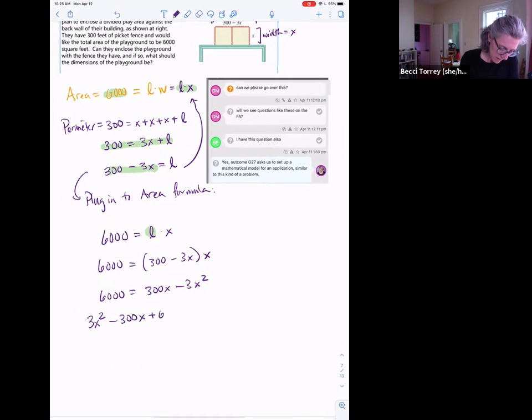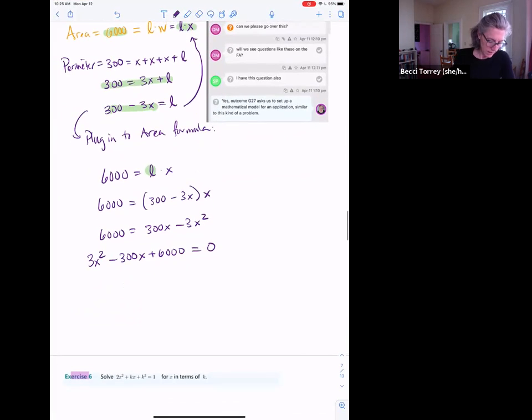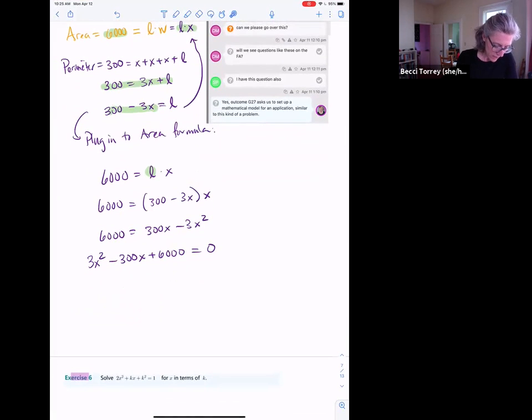I still have plus 6,000 on my left side equal to 0. And then to solve this, the next thing I would do is divide everything by 3 because 3 goes in evenly. X squared minus 100x plus 2000 equals 0.